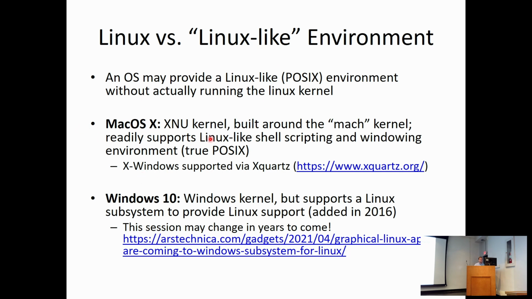But Mac operating systems are built on the XNU kernel. So again, Linux has the Linux kernel, Mac has the XNU kernel, Windows has a Windows kernel. But I don't know if those of you following the news have seen, there have been some interesting developments. They have a Linux subsystem where they're trying to develop true software compatibility.